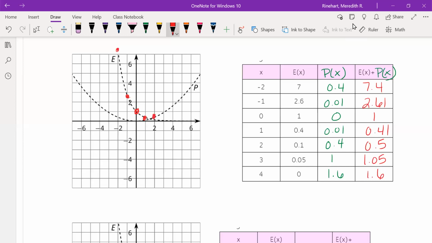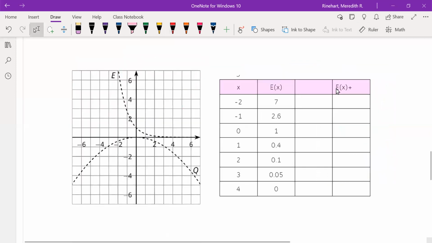At 3, 1.05. At 4, 1.6. And then after that, we're going to kind of stick with the shape that we already were for P. And we get kind of an odd looking U-shape graph.